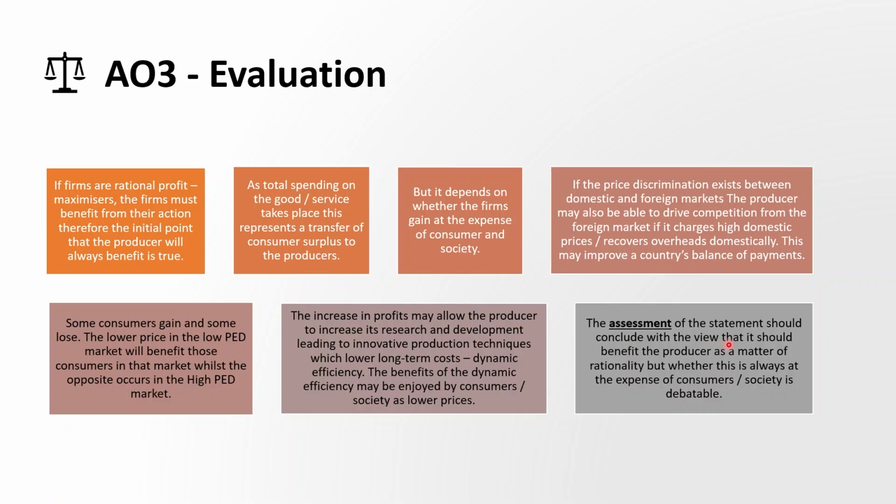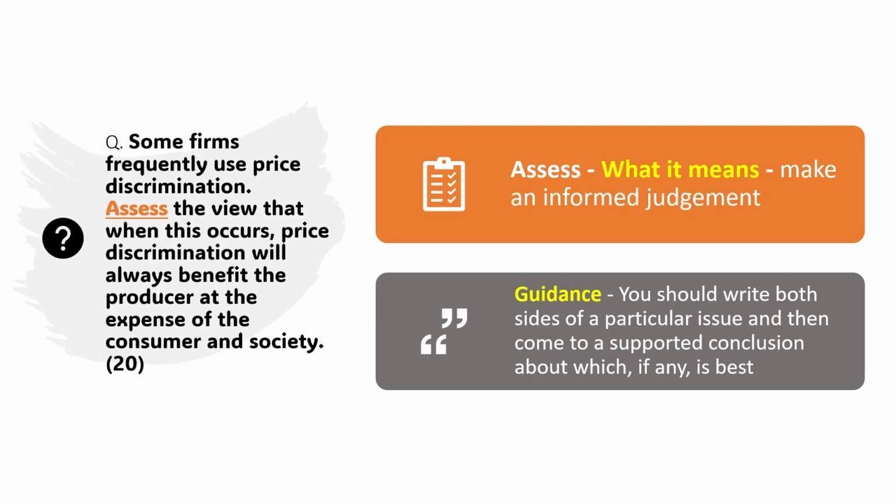Now the assessment of the statement, if you look here, what does it show is related to our command word assess. Now if you go back to the question again, this is our question. Here you have explored both sides of a particular issue, and if you look at the question again, you can say that the first part of the question, that price discrimination will always benefit the producer, is correct.